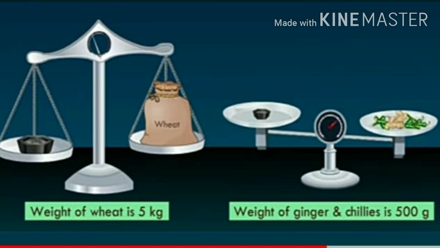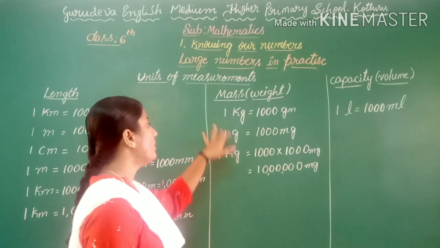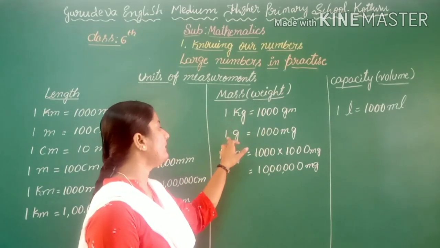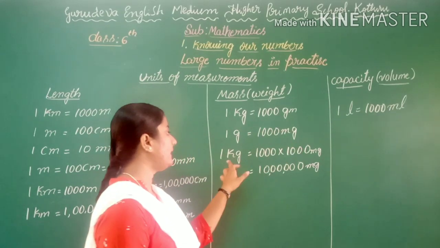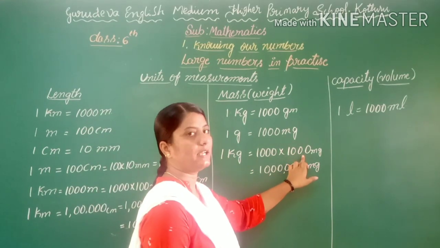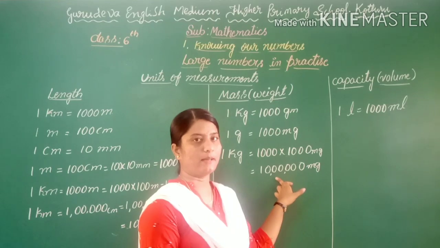To measure the weight of a compound or chemical in medicines, we use a smaller unit called milligram. The relations are: 1 kg is equal to 1000 grams, 1 gram is equal to 1000 milligrams. Then 1 kg equals how many milligrams? 1000 into 1000, which is 10 lakh milligrams.